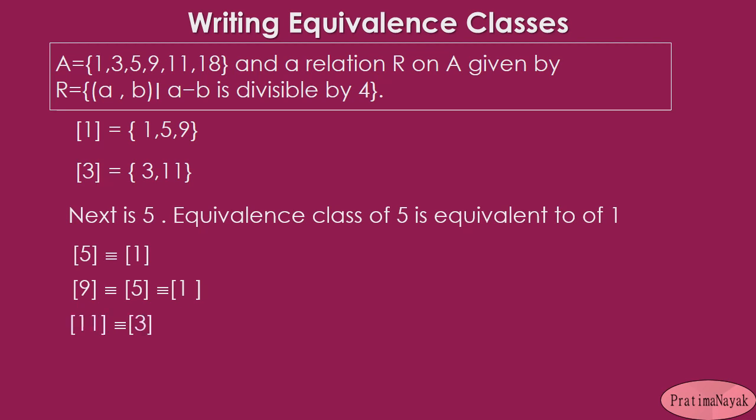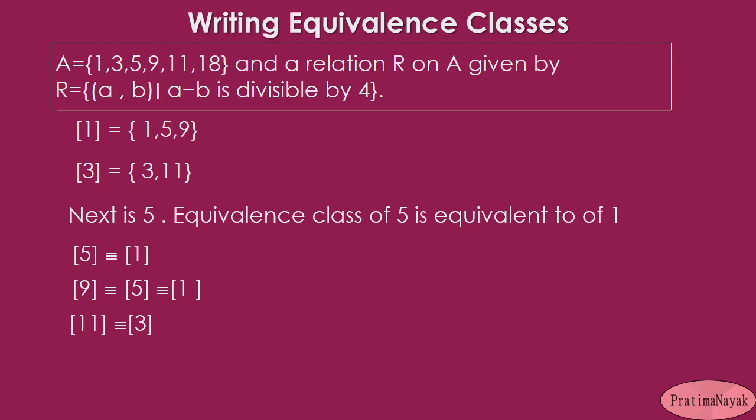The next element is 9. See that 9 is also associated with 1. So the equivalence class of 9 is equivalent to the equivalence class of 5, which is equivalent to the equivalence class of element 1.